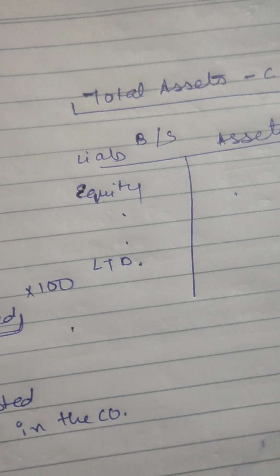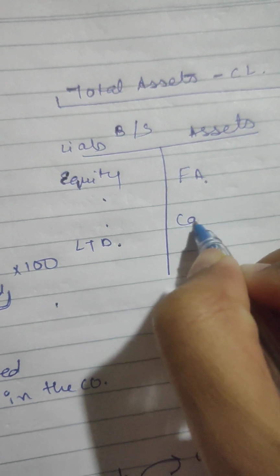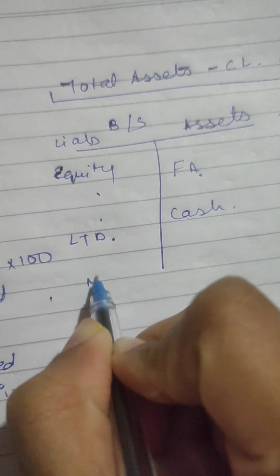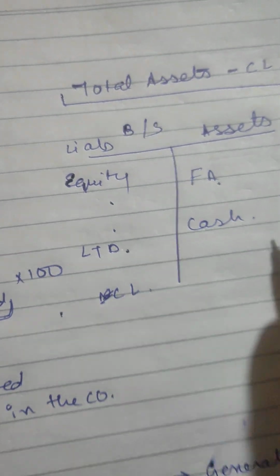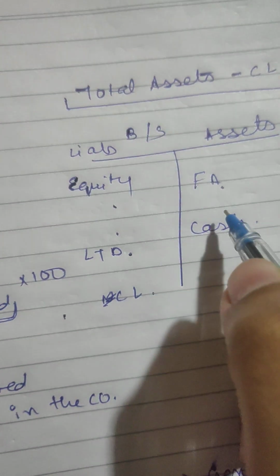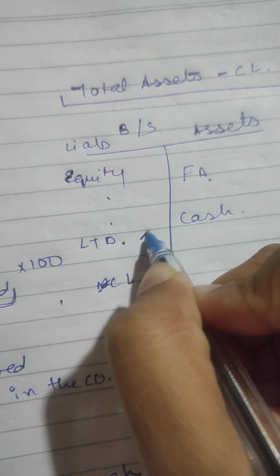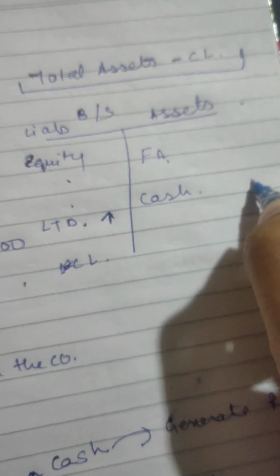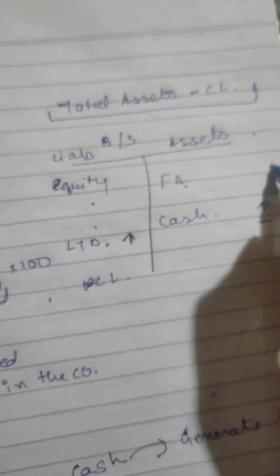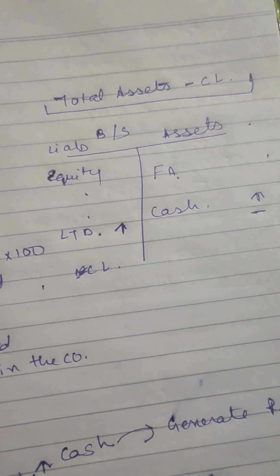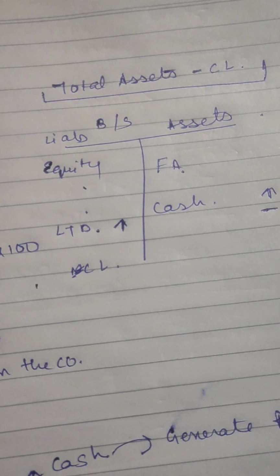Now if we want to take an example, here we have our fixed assets, here we have cash, and then non-current liabilities, current liabilities. Now if we take an example that we raised a long-term debt, if this increases, our cash portion will increase, or if it's not cash, we will increase a fixed asset so that we can generate a profit on that.